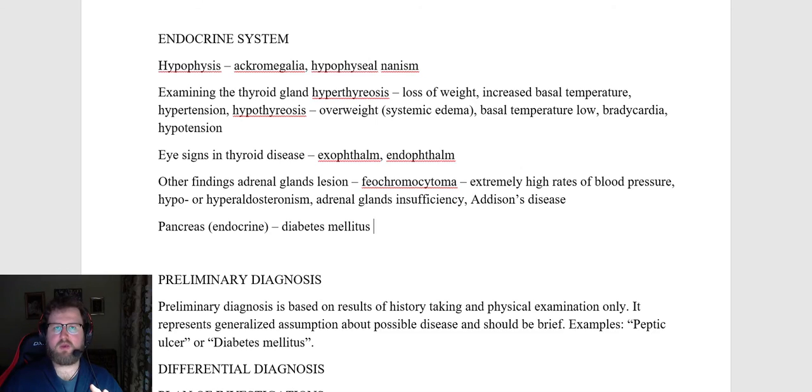So diabetes mellitus has not so many specific clinical signs, but be aware of diabetes mellitus, especially type 2.